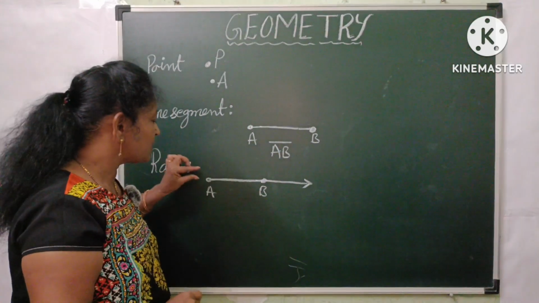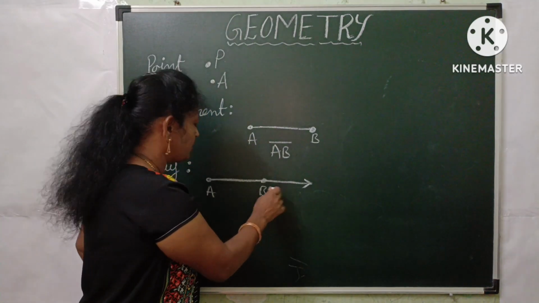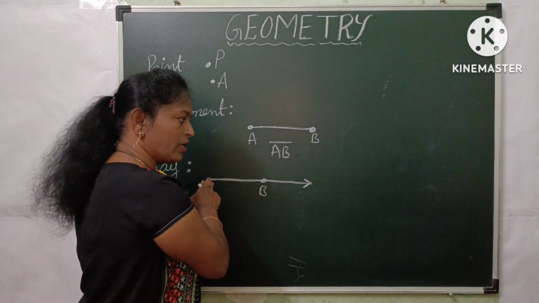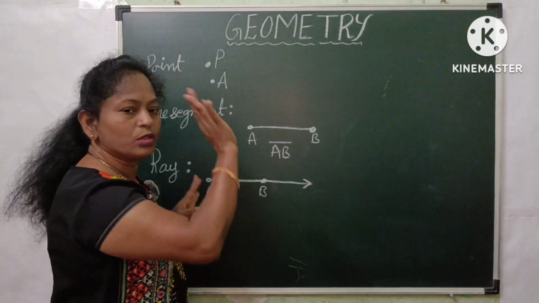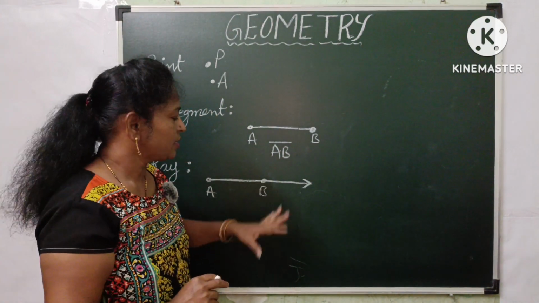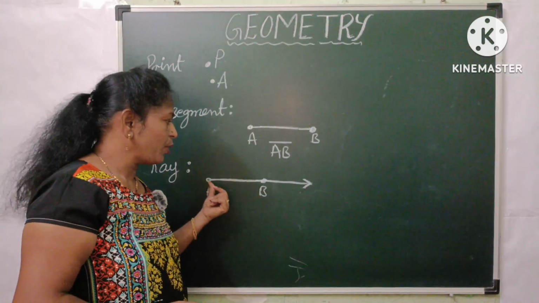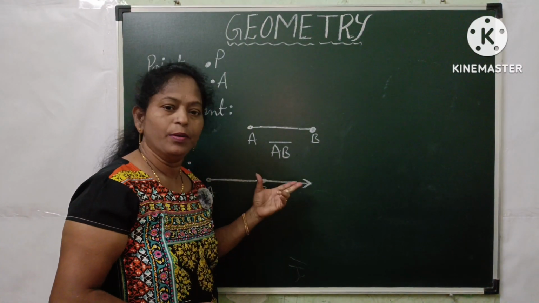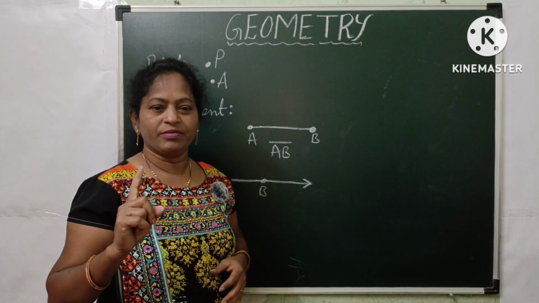A ray has a starting point, but there is no ending point. Here is the starting point, but there is no ending point. The arrow mark means it goes on and doesn't stop anywhere. For example, nowadays you are observing that sunlight is very hot.